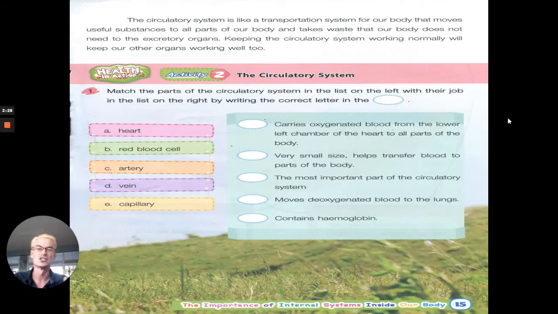What carries oxygenated blood? And the carrier for oxygenated blood is our artery. Artery. Thus, we put letter C here and we get a point. Good. We're done with question number 1.